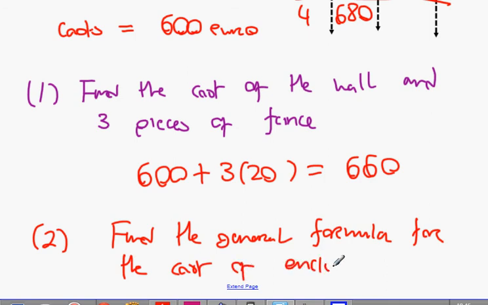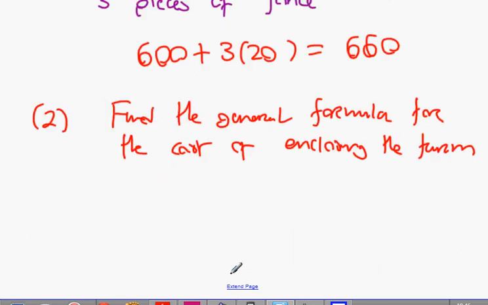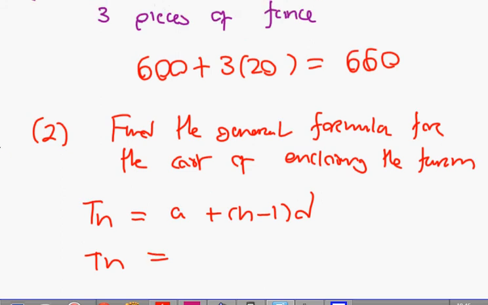Now, there's a formula for that, okay? And does anybody know the formula? Tn. Okay? So Tn is going to be A plus n minus 1 times d. Can anybody tell me what A is?